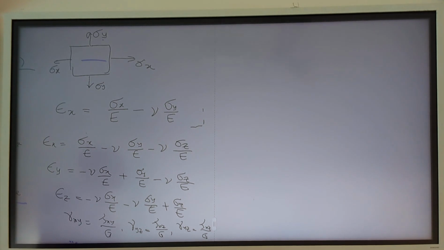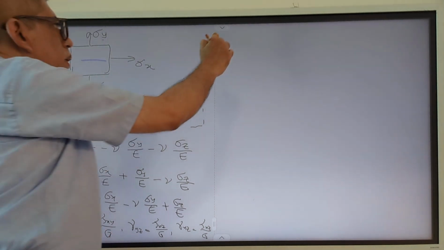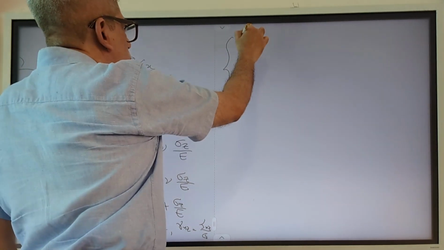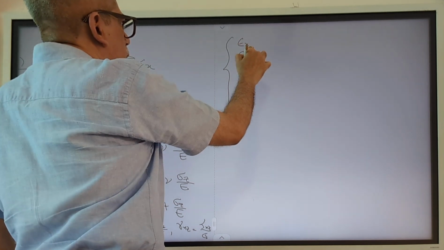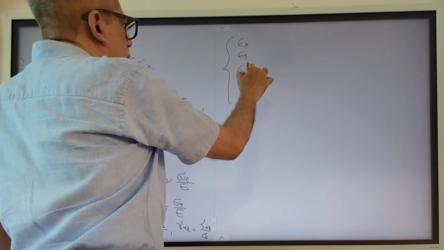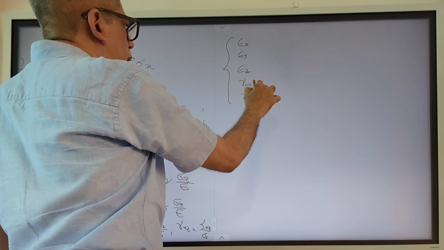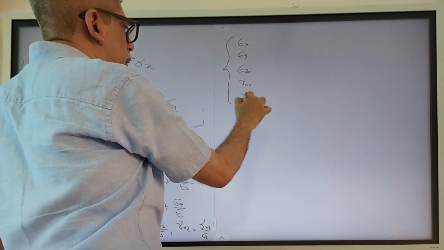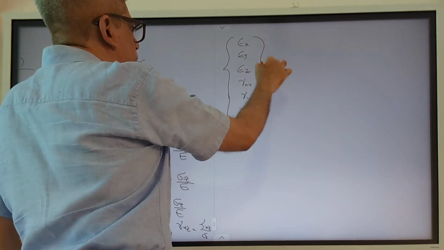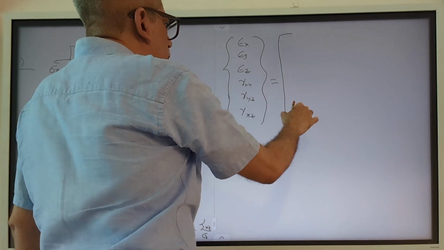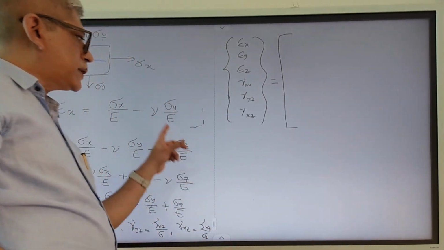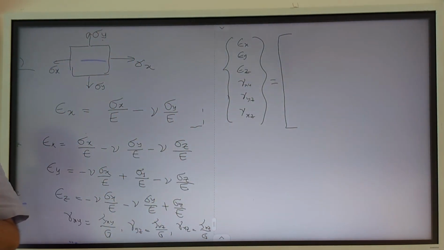So if you write these equations in the matrix form, you will get it in the following way. Here we have epsilon x, epsilon y, epsilon z, gamma xy, gamma yz, and gamma xz, multiplied by how many equations are there? These are how many total equations?